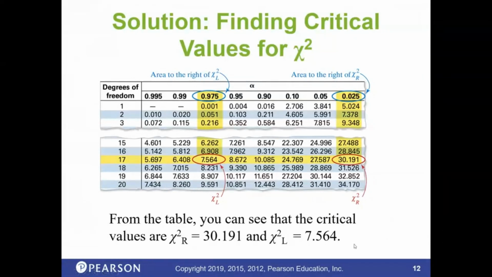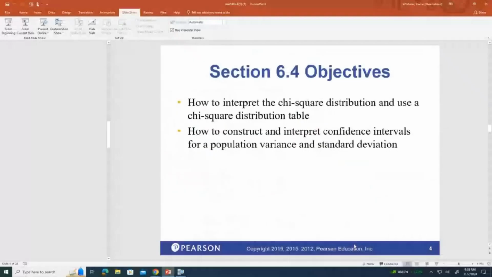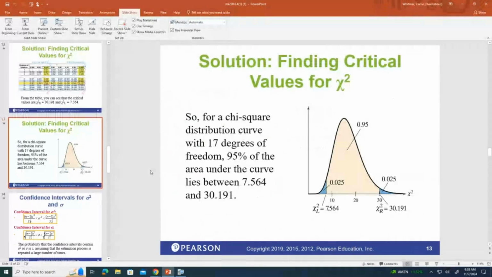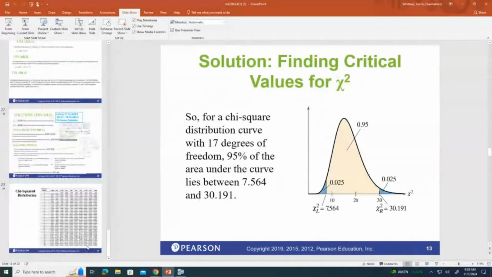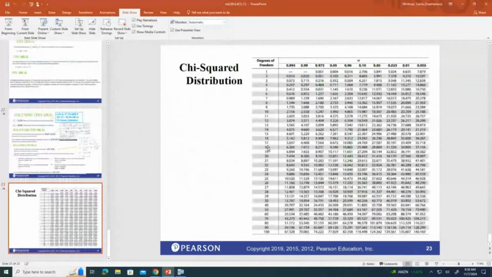Now, once again, most of these problems on MyLab will have the chart where you can just click on it in the table, but I am including it at the very end of this PowerPoint. There's your table where you can look up. We looked up 17, and then we went over to 0.975 there, and over to 0.025 here to get our value.